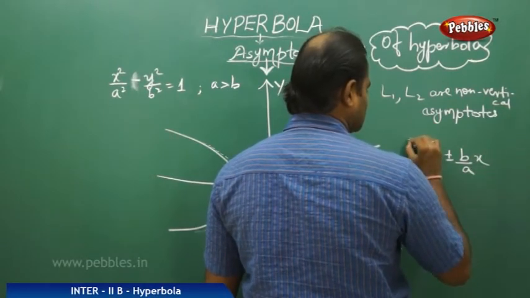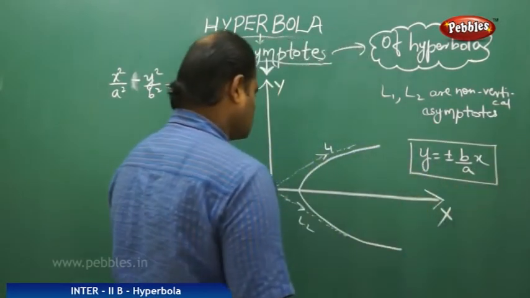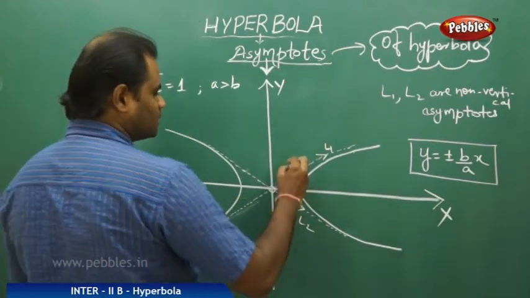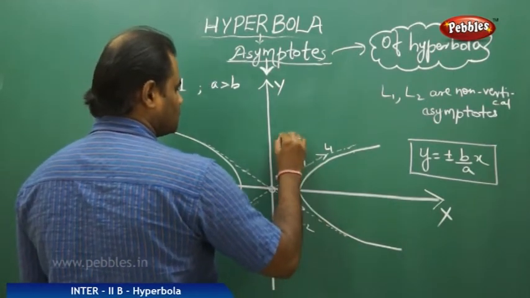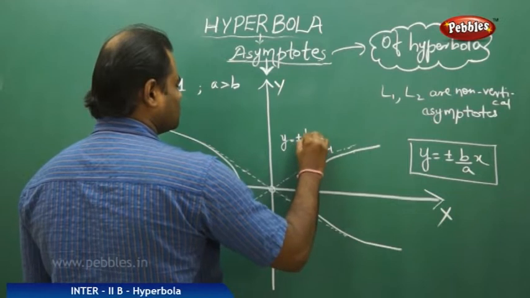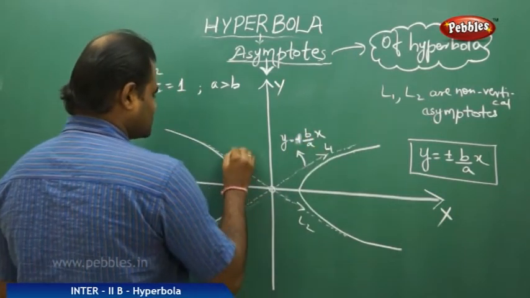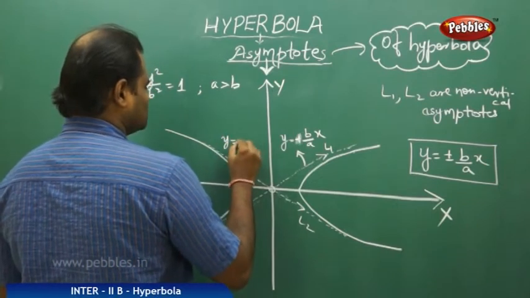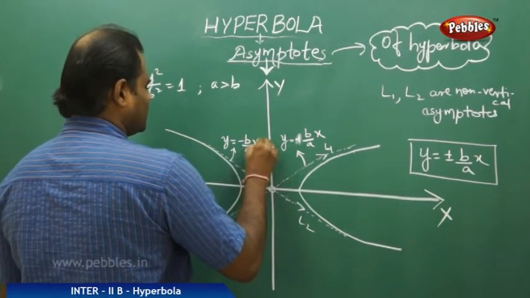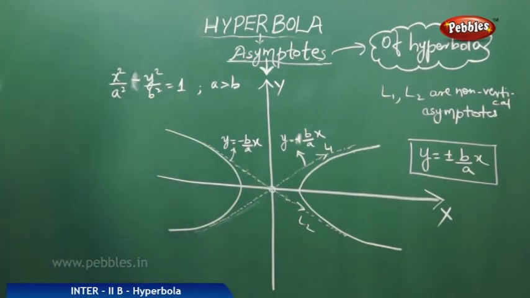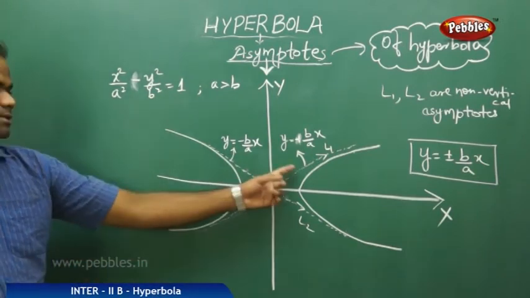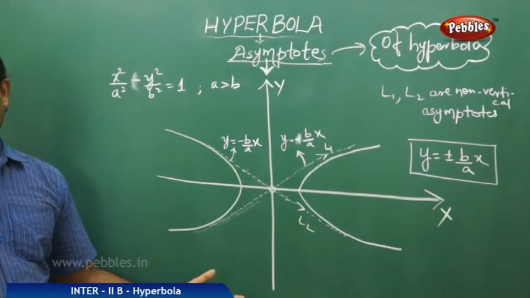So one of them is given by y equals plus b by a of x, and the other is given by y equals minus b by a of x. This is how we understand the asymptotes for the given hyperbola.